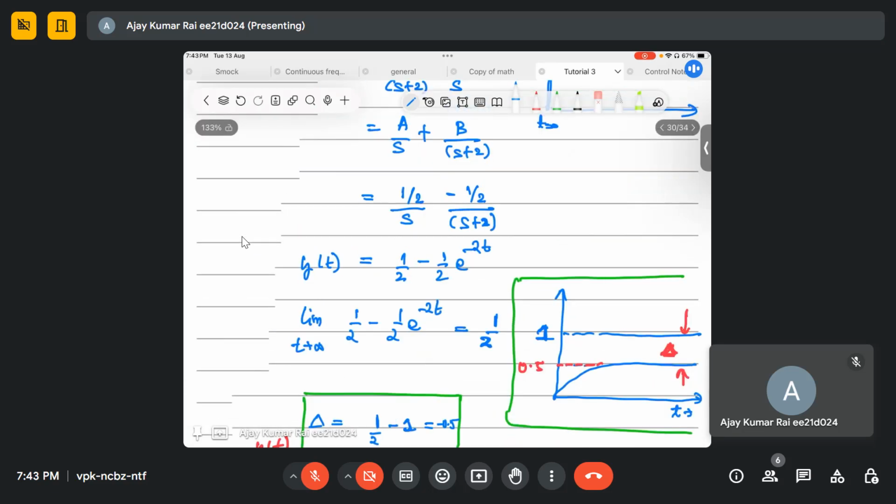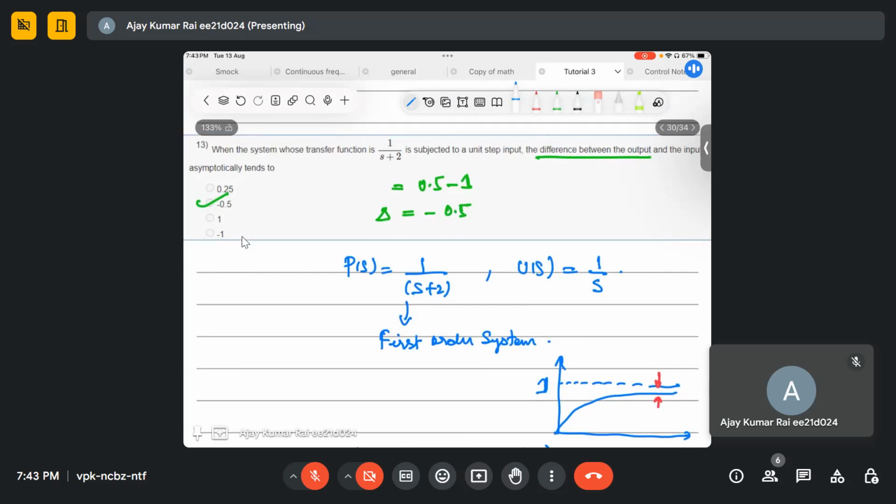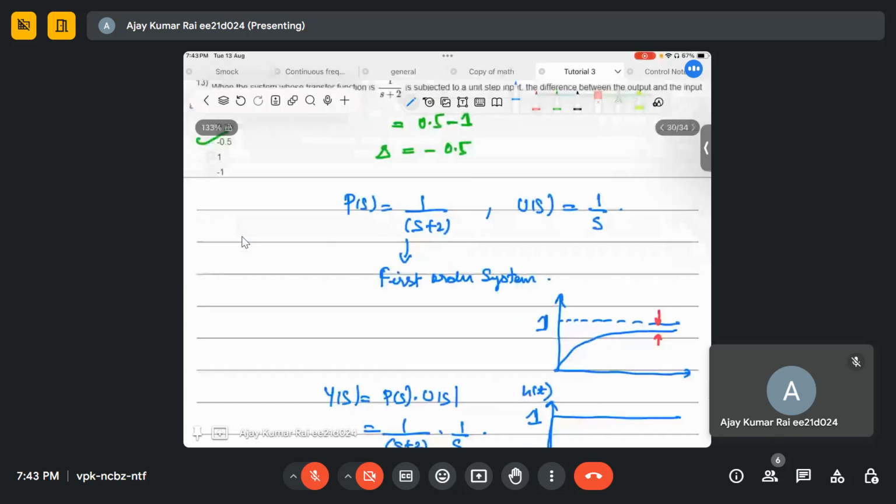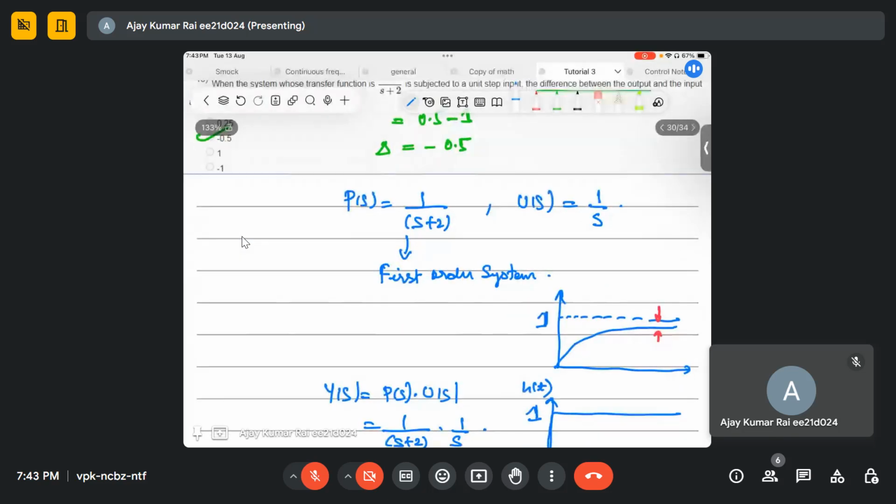Okay, so any doubt in this question? 13th question. When the system whose transfer function is this is subjected to unit step input, the difference between output and the input asymptotically tends to what? The input is not changing, correct?